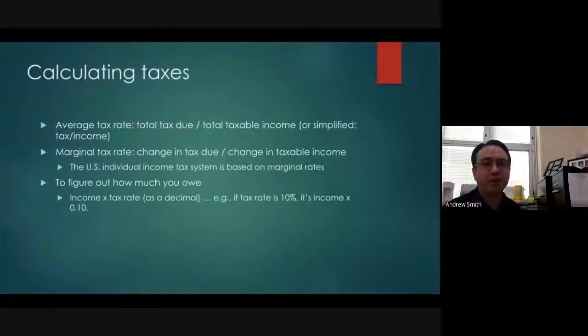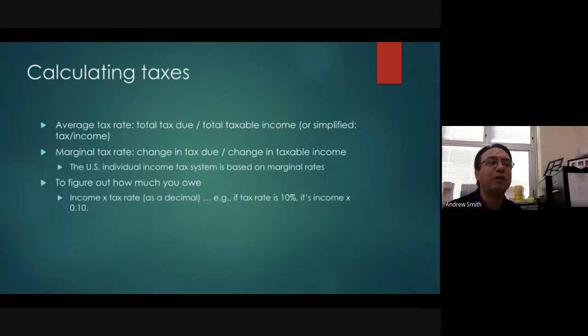So now, how do we calculate taxes? Okay, very simply, there's two ways to do this. Okay, number one, you can figure the average tax rate, which is the total tax due divided by your total taxable income, or simplified, the tax you have to pay divided by your income. That's your average tax rate. The marginal tax rate, which I just showed you, is based on the change in tax due divided by the change in taxable income.